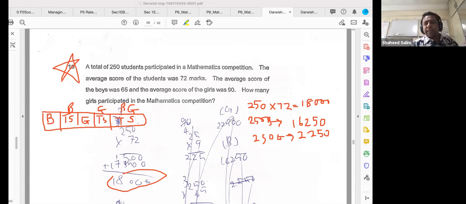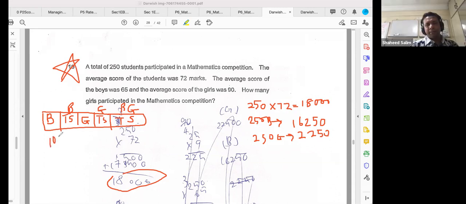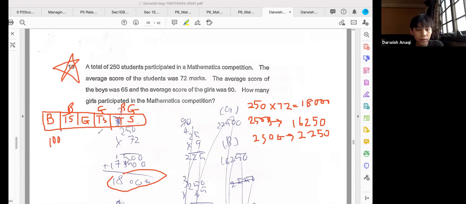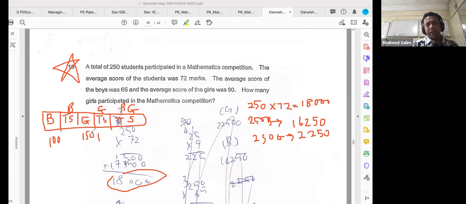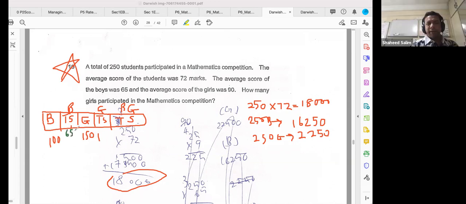So let us think now. You guess now how many boys and how many girls are there. Can you guess how many boys? Take a guess. 100. Then girls might be 150, right? So what's the total score now? If this is 100, what is the total score for the boys? 6,500, right?